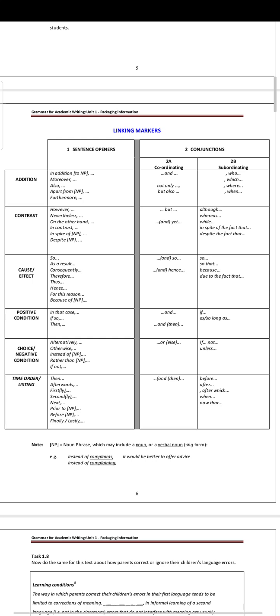So actually you have known all these words, I believe that, but maybe some of you, or maybe very rare of you, use these words. Let's see. The sentence openers for addition: it means that if you want to add information, you can use "in addition", and then it is followed with a noun phrase.